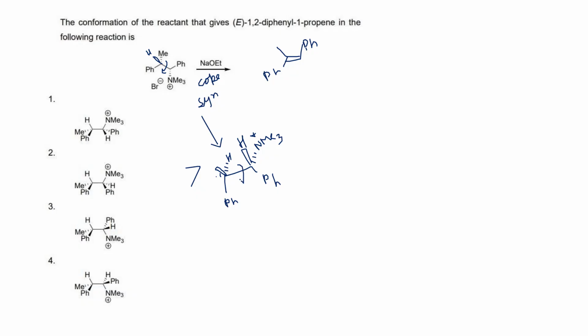So if we just rotate this bond, to keep the phenyl above the plane, the phenyl comes above the plane, H goes below the plane and NMe3 goes in the plane.